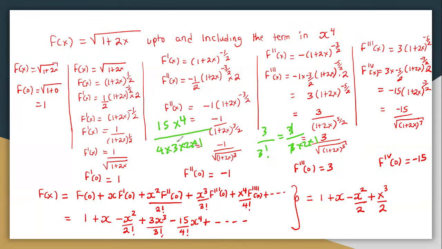Dividing by 3, we remain with 5 out of 8, so minus 5 out of 8 of x power 4, then plus and so on. So that is your expansion.